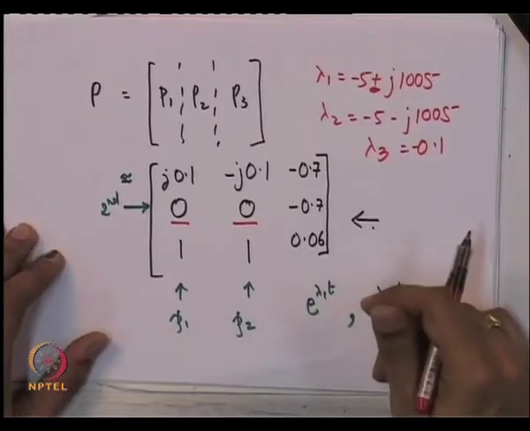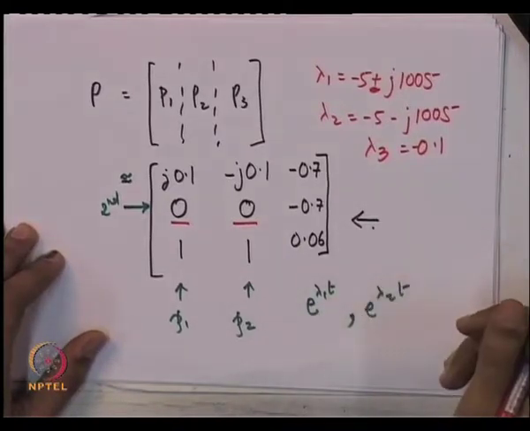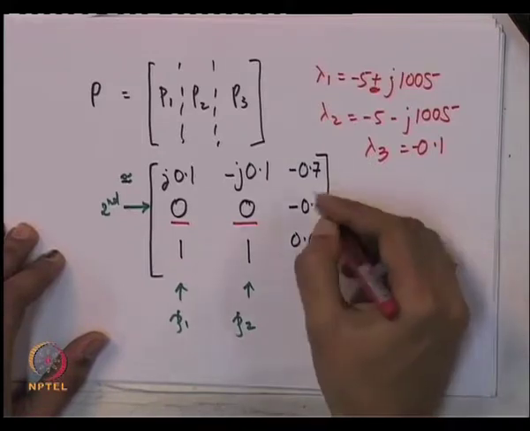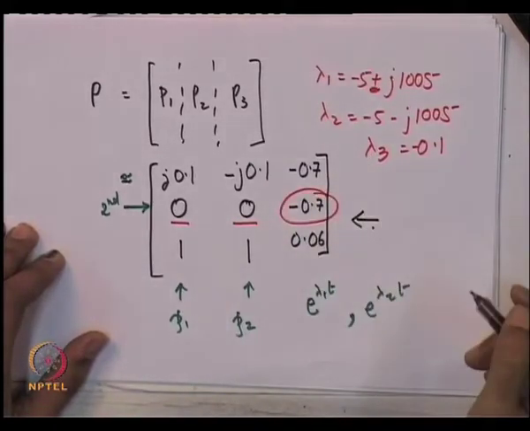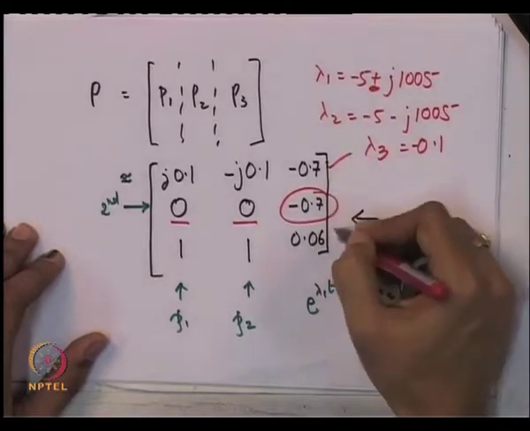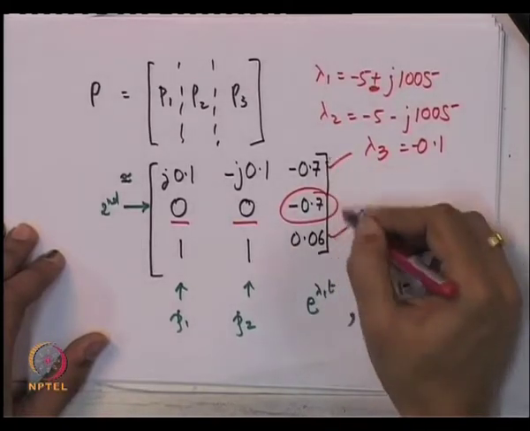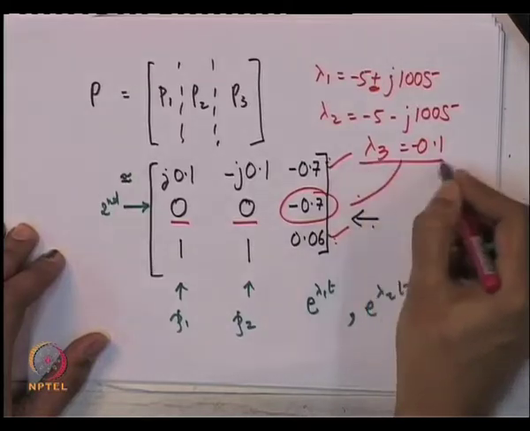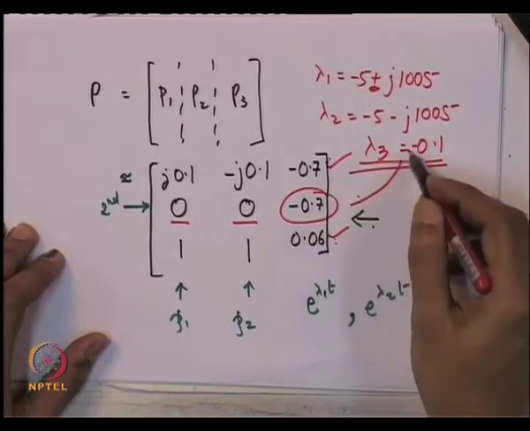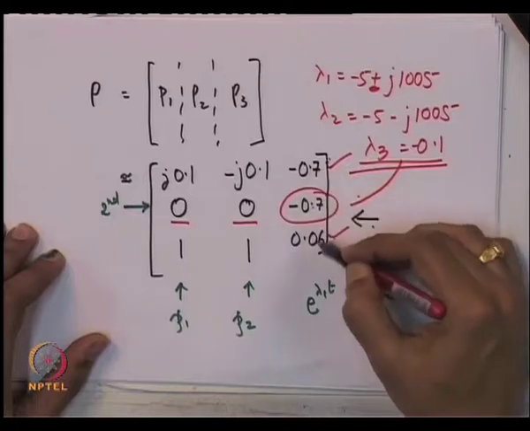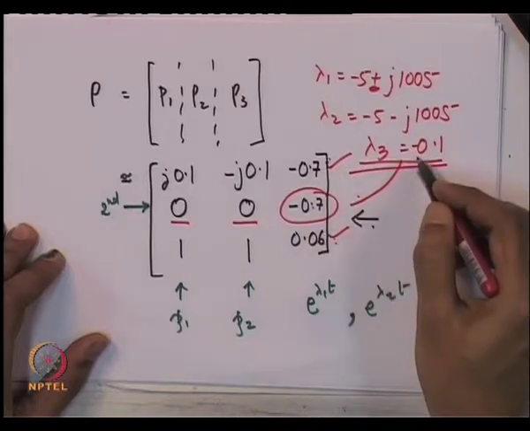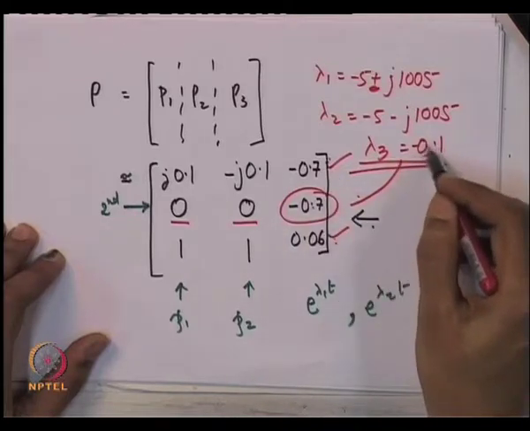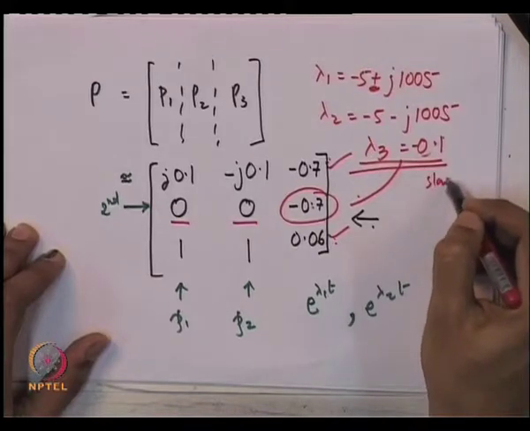Let us look at the converse. Which are the variables associated with the slow transients? You will directly say, oh, IL2 was associated with the slow transients, but look at the components corresponding to lambda 3. The eigenvector components corresponding to the 3 states and the eigenvalue minus 0.1, this is a slow transient.